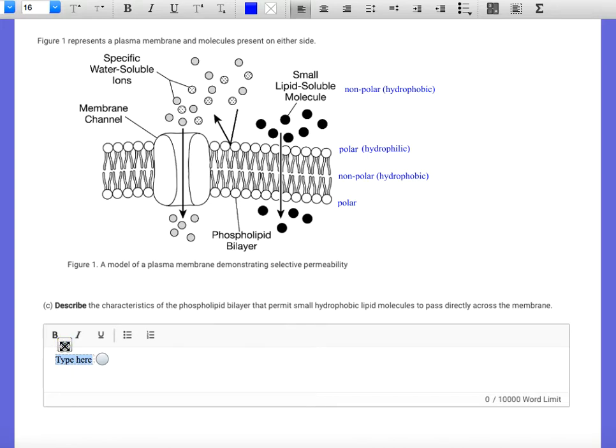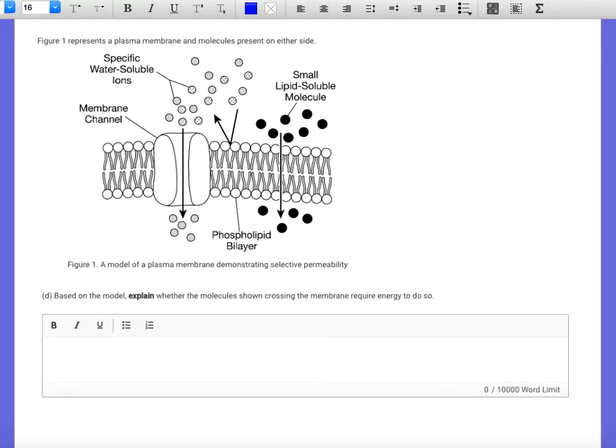So what this is talking about is that the interior of the cell membrane is hydrophobic, and so molecules that are also hydrophobic can go through.